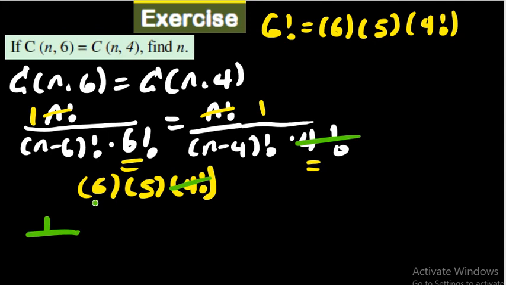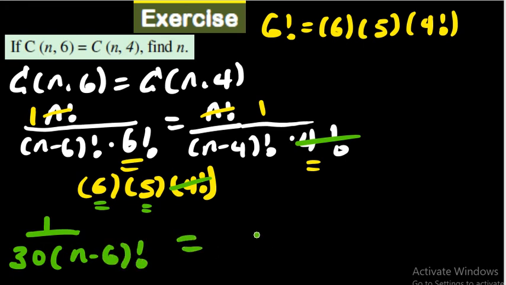What remains on the left side is 1 over 6 times 5, which is 30, times (n minus 6) factorial, equal to the right hand side, 1 over (n minus 4) factorial.